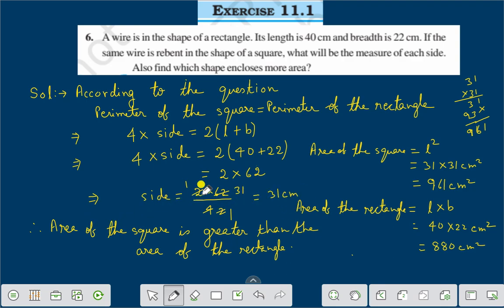Thus one side of the square is 31 centimeter. The area of a square is side into side, that is 31 into 31, which comes to 961 centimeter square, and the area of the rectangle is length into breadth, that is 40 into 22, or 880 centimeter square. Comparing both, the area of the square is greater than the area of the rectangle.